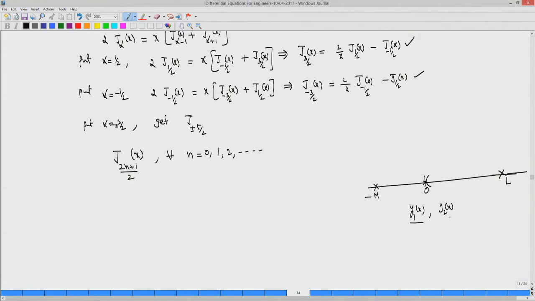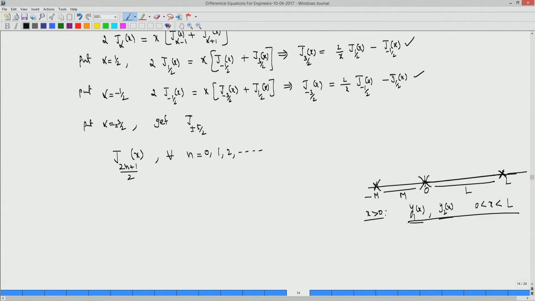Then the Frobenius series solutions y1 and y2 converge absolutely and uniformly up to whichever of L and m is nearer. If you look for solutions for x positive, you get y1 and y2 valid up to the next singular point, that is L. So, y1 and y2 are valid between 0 to L.